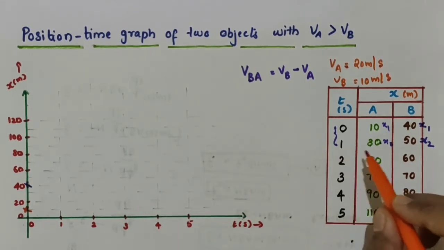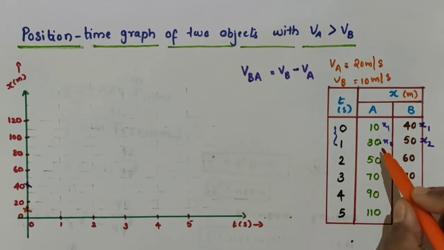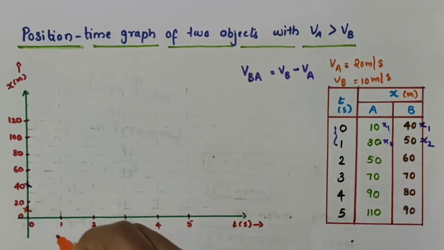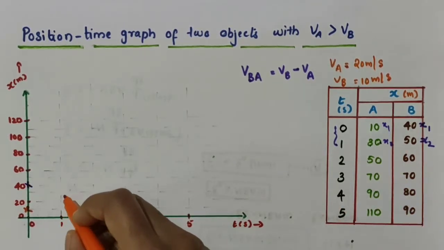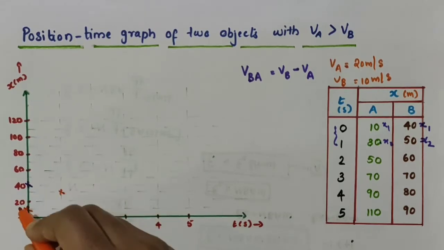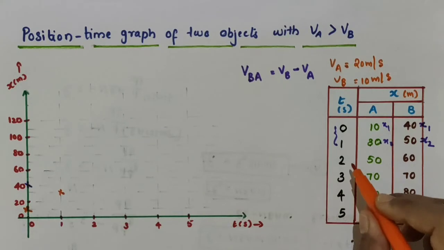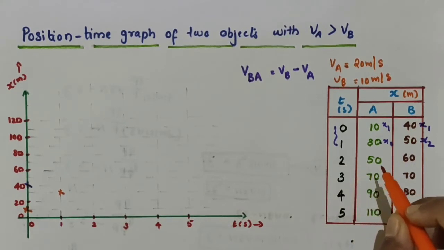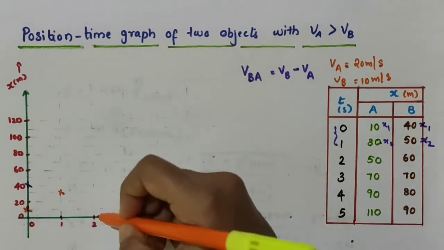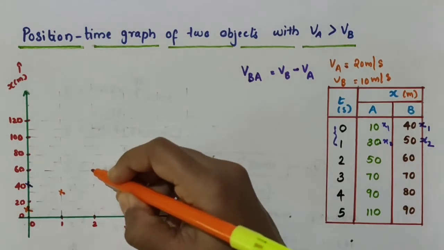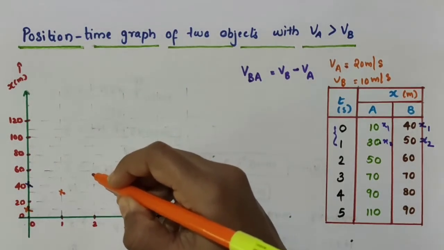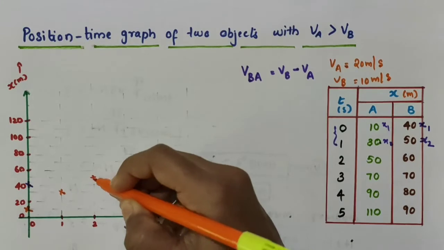At t equal to 1 second, A is 30 meters away from the origin. 30 will be somewhere here, because this is 20, 40. So this point will be almost 30. Then t equal to 2 seconds, 50 meters. 50 will be somewhere here. This is 60, so this will be somewhere here, 50.